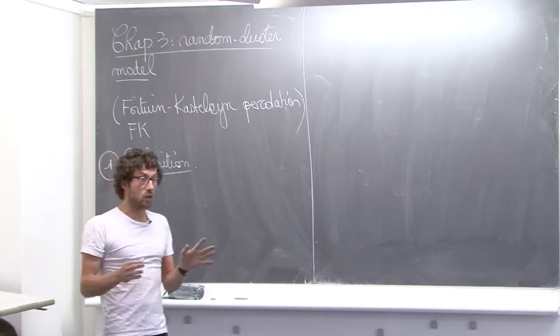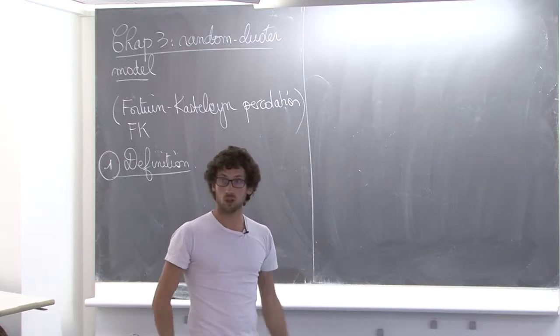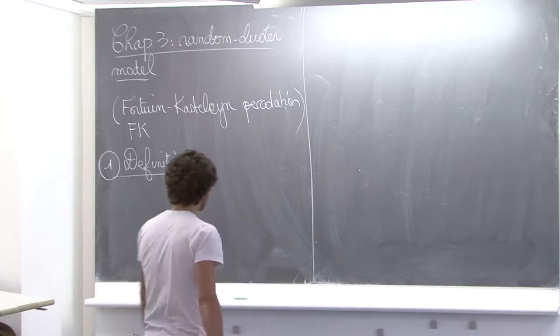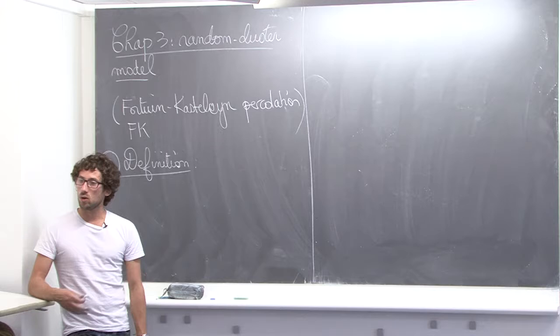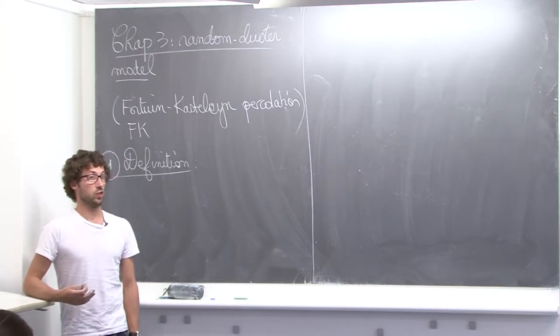So it's a percolation model. Configurations are going to be just configurations of open and closed edges. But here, because of dependency, a little bit like for the Ising model or for spin models, I'm going to need to define the notion of boundary conditions.